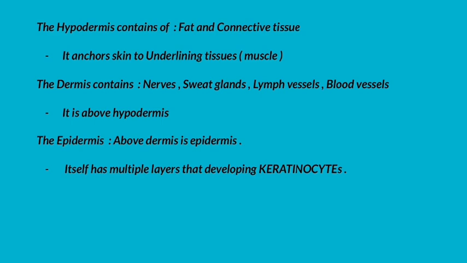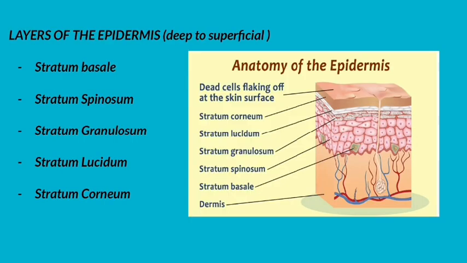Above the dermis is the epidermis. It has multiple layers of developing keratinocytes. Layers of the epidermis, deep to superficial: stratum basale, stratum spinosum, stratum granulosum, stratum lucidum, stratum corneum.